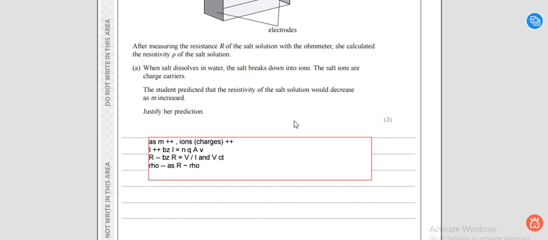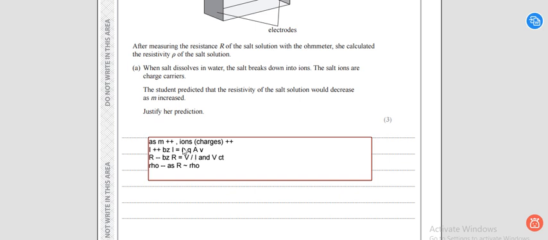Increasing the mass of salt will increase the concentration of ions or charges and hence increase the current, because current is charge per unit time. And if you remember, it's given by concentration of charge times charge value times cross-sectional area times drift velocity.